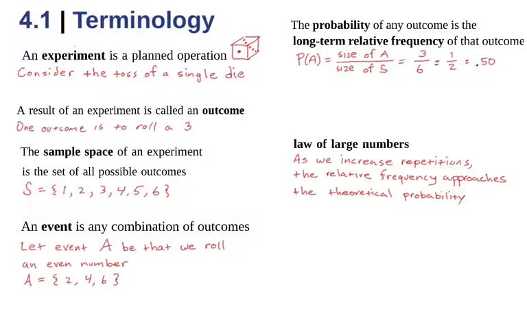If we start tossing it enough times, we're going to get about a 1, 1/6 of the time, a 2, 1/6 of the time. But that only happens in the long term. If I roll it 6 times, it's possible I could not even roll a 2 or not even get a 5. So think of the law of large numbers. We're talking about theoretical probabilities. What we actually end up rolling, or what we observe, is what we call empirical probability.